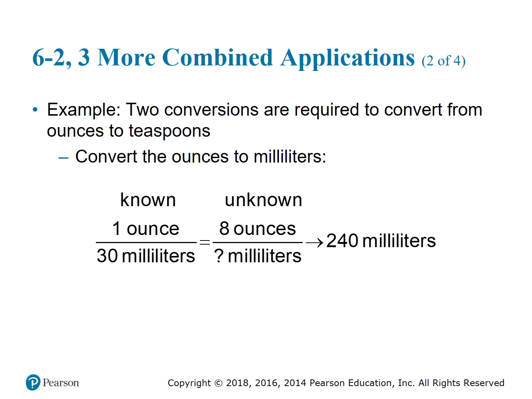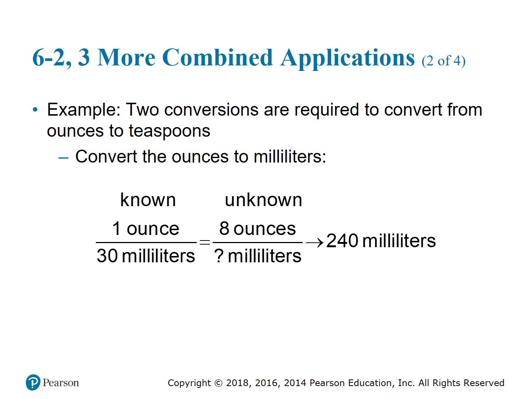So if we have 8 ounces and we want to know how many teaspoons is equivalent to 8 ounces, first we have to convert our ounces to milliliters, and then we can convert our milliliters to teaspoons.